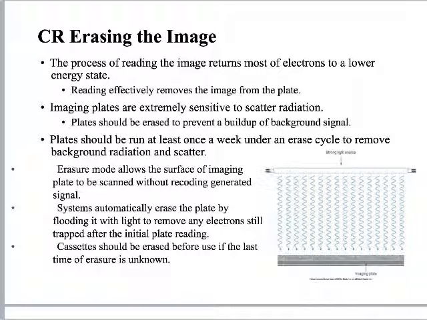And so if you watch the CR reader real closely, you'll see a point where it starts to emit a really intense white light, right? It has like a really strong light source. I actually don't know what the light source is made out of, but it's very, very powerful. It's very, very white, and it's basically just washing any remnant signal from the PSP plate.